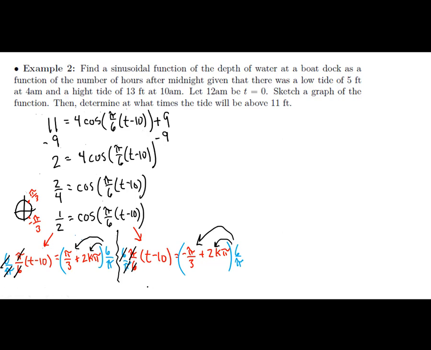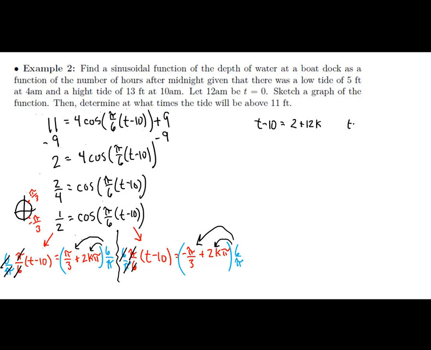When I do that, I'm going to end up with these two equations. t minus 10 is equal to, as I distribute 6 over pi to pi over 3, the only thing that survives is 2. 6 and 3 reduce to 2 over 1, and then the pi's cancel. The pi's cancel here too, so I am adding 12k.